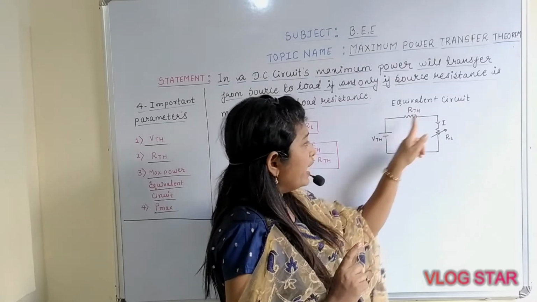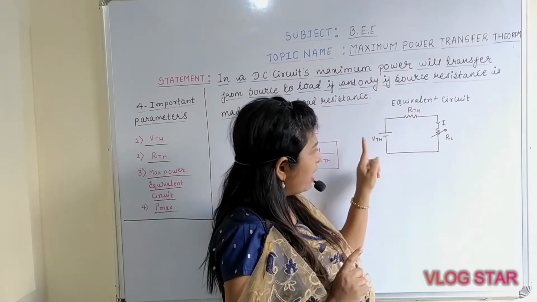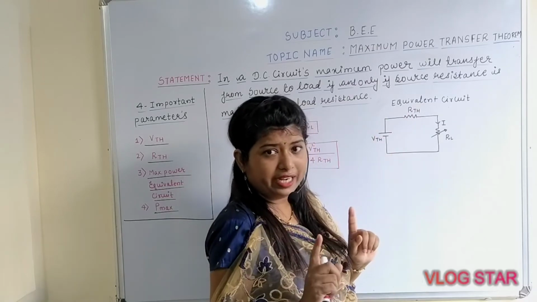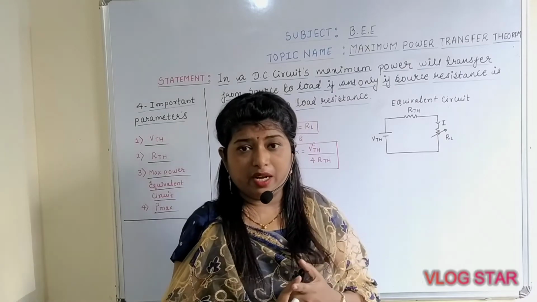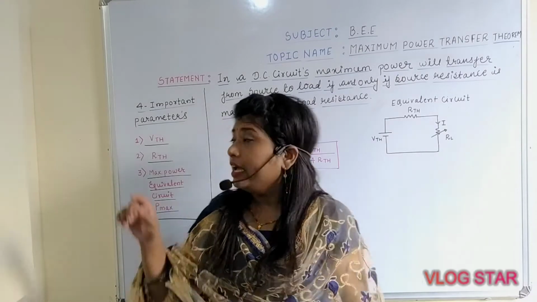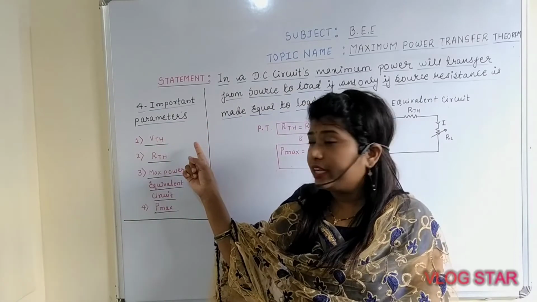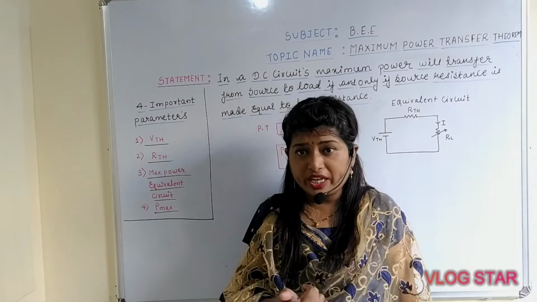Now, any two terminals in the network can be replaced by VTH in series with RTH. But in the maximum power transfer theorem, we have to calculate four parameters. Which are they? The first important parameter is VTH, the Thevenin's equivalent voltage.